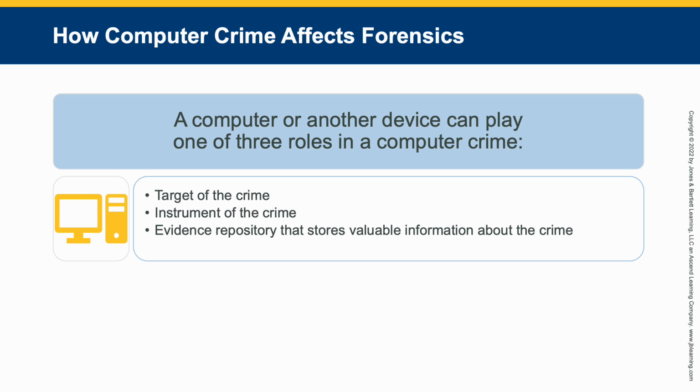Additionally, education and awareness about common cyber threats can help individuals and organizations recognize and avoid potential attacks. In the event of computer crime, promptly engaging with computer forensics professionals can significantly enhance the chances of successfully investigating the incident and bringing the perpetrators to justice.